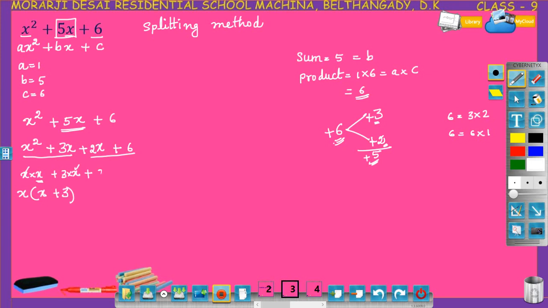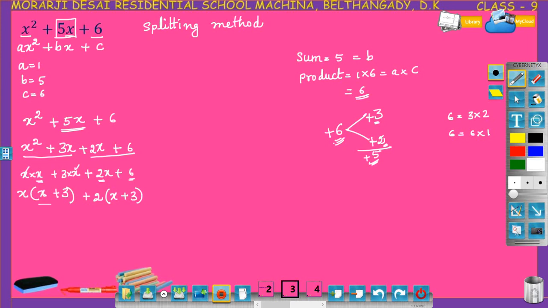Then plus 2x plus 6: 2 and 6 are divisible by 2. Keep 2 outside. Here remaining is x plus, if I divide 6 by 2, remaining is 3. See here, 2 into x is 2x, 2 3s are 6. X into x is x square, x into 3 is 3x.